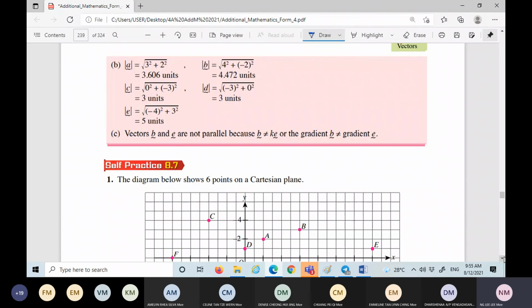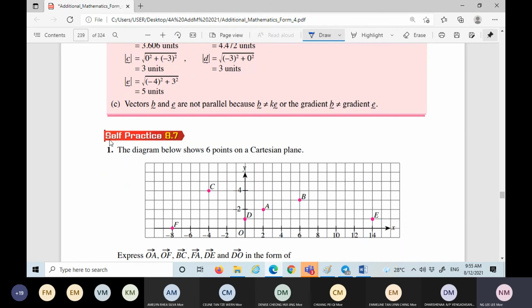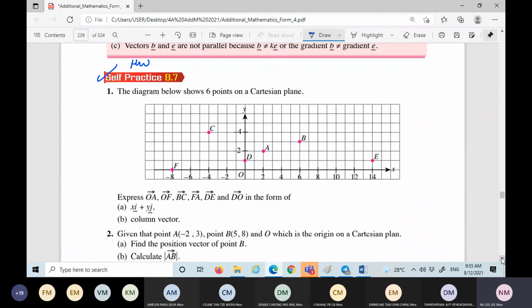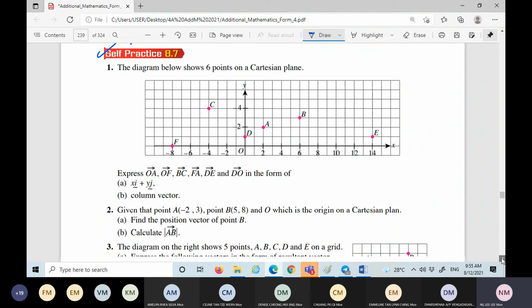Okay, now we have 8.7. This question maybe I'll go through with you a little bit. So this is a homework for today. Look at number 2.